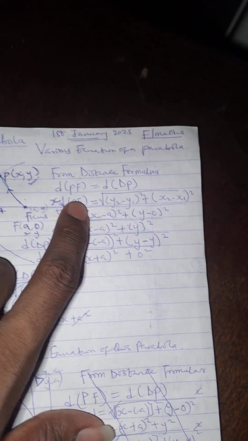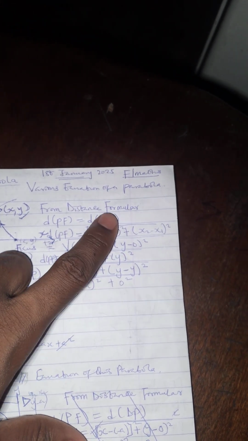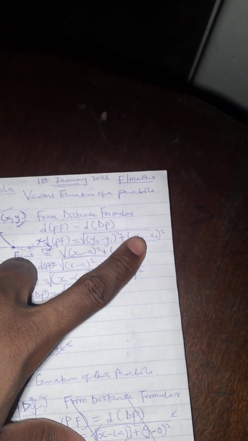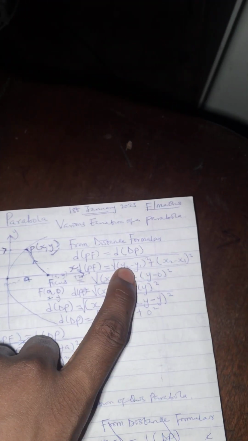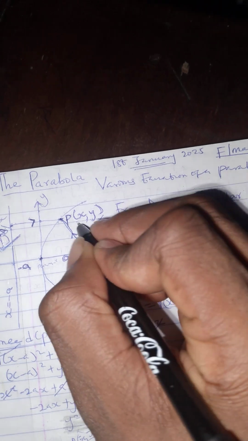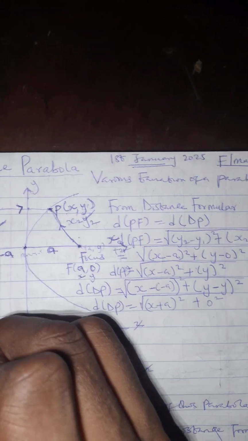So using our distance formula, we have the square root of (y2 minus y1) all squared plus (x2 minus x1) all squared. Then y2 and x2 will be from this point P, because that is the point of reference. So for line PD or line DP, y2 will be this coordinate that we don't know, then y1 will be here.